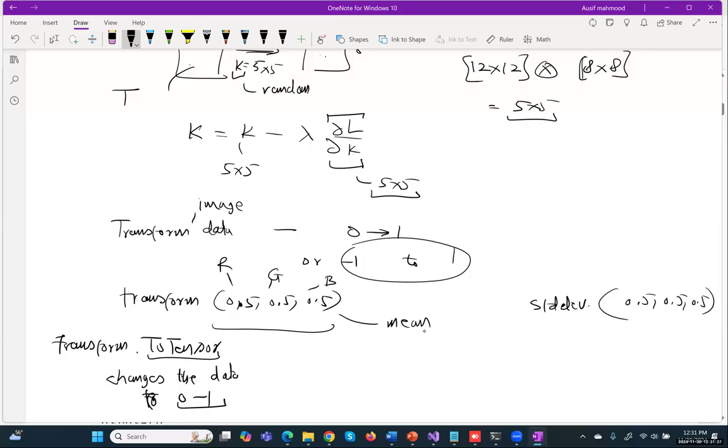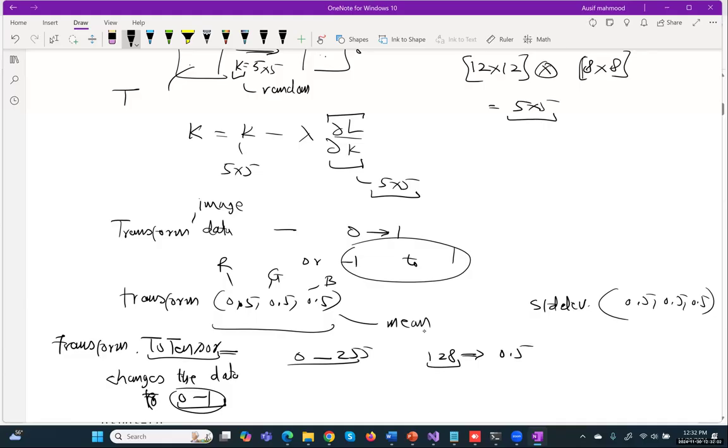To give you an example, suppose the original data is 0 to 255 and the pixel value is 128, which is in the middle. As we apply ToTensor, what will it get translated to in the 0 to 1 scale? 0.5, because it's halfway through, right?